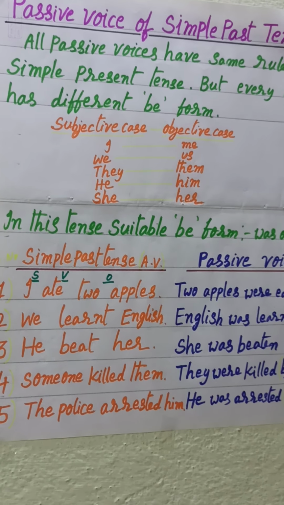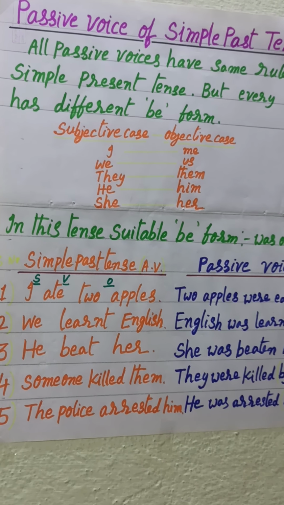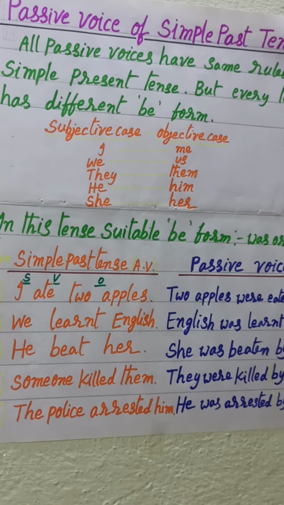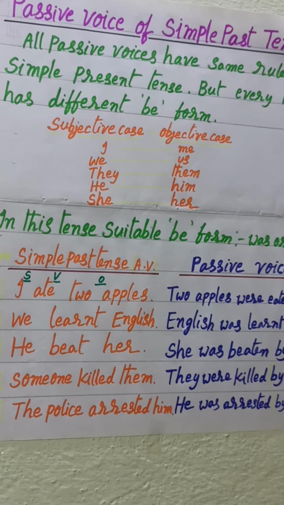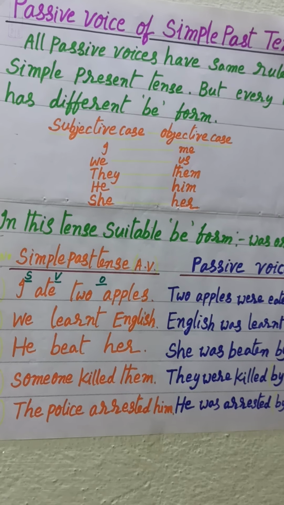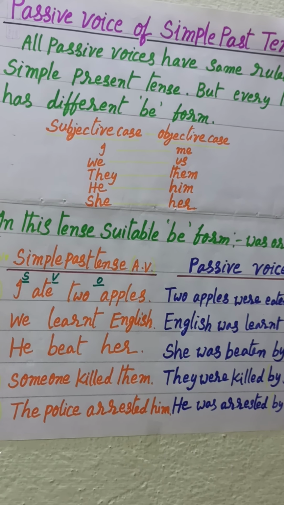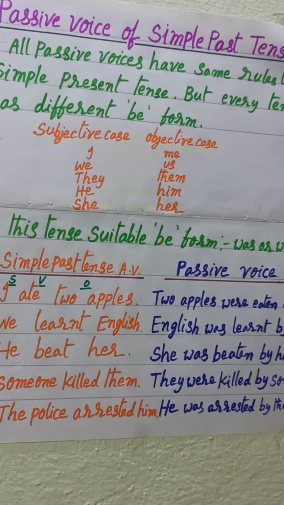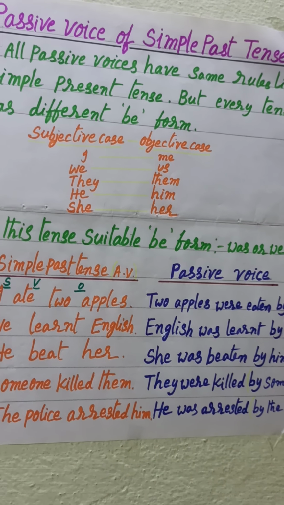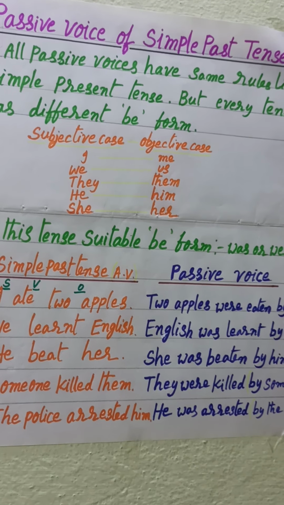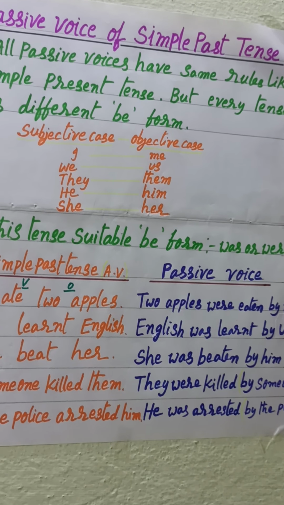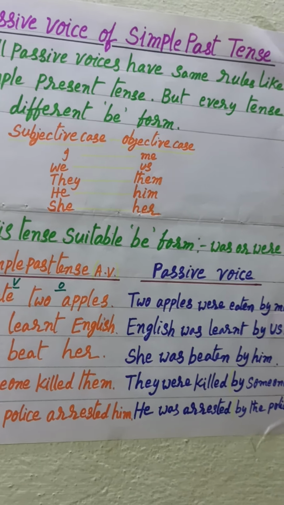The same way, the second sentence: we didn't learn English. In the passive voice, English was not learned by us.